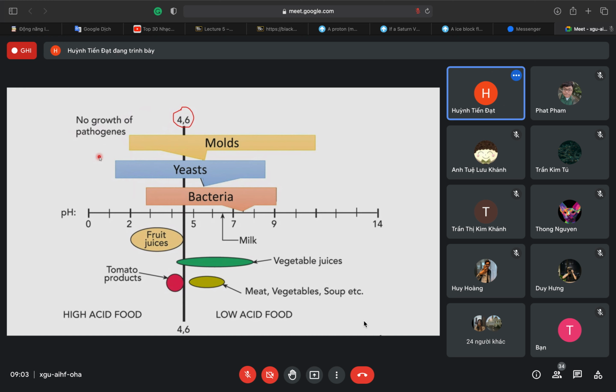The food itself may not have much acid content, but after processing the producer adds more acid, so that they increase the acidity and lower the pH into the range where no pathogens can grow. Then you do not worry much about food poisoning and just care about food preservation, how to keep the shelf life longer so it is safe and can be commercialized.